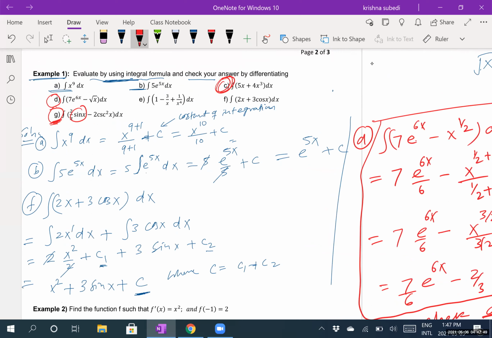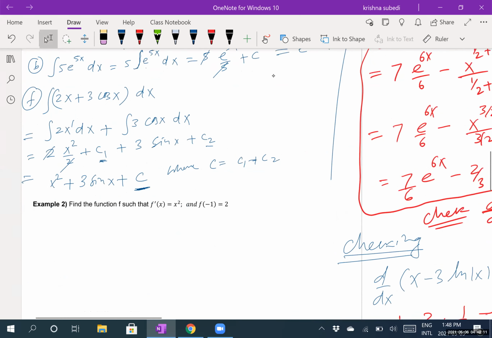So far what we learn is the formula making process. If we know the derivative of a function, then we know the formula for the integration as well. It's just the reverse process. So I leave it to you.